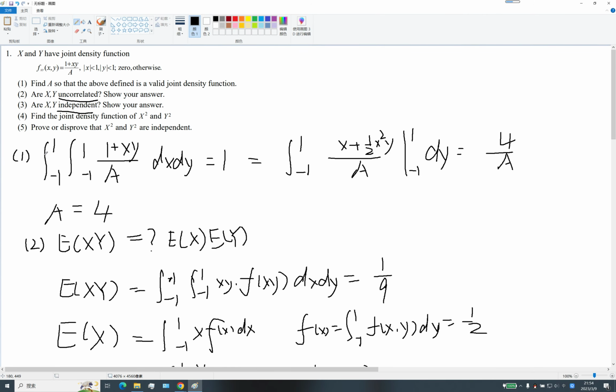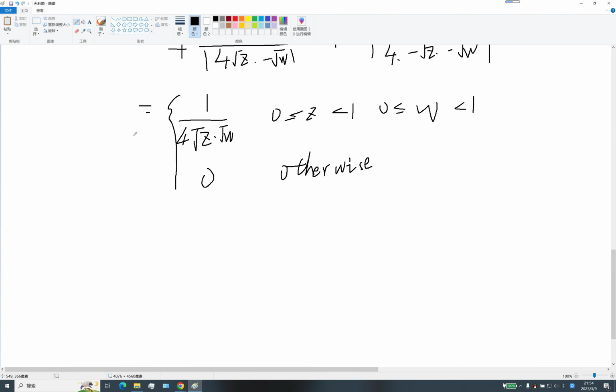And for the fifth question, prove or disprove that X squared and Y squared are independent.